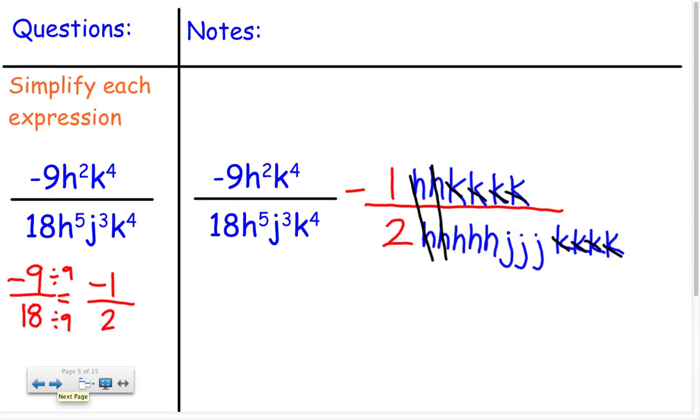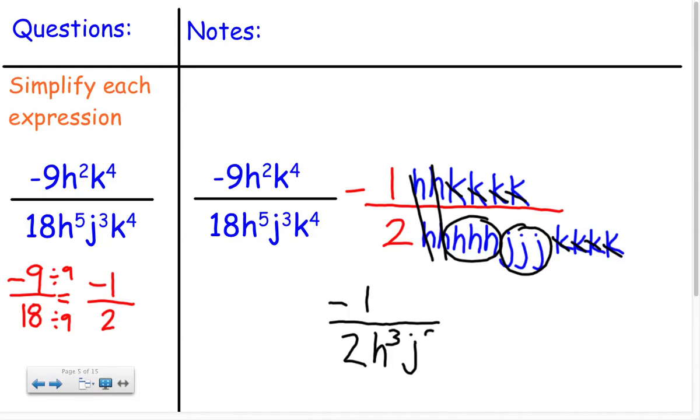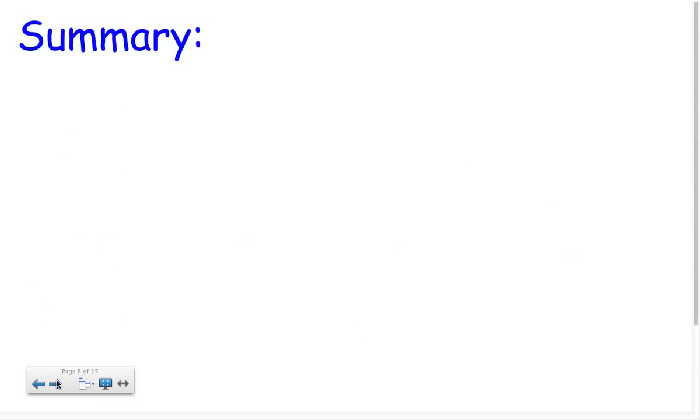So notice there weren't any j's on the top, so none of my j's were able to cancel. So I'm left with just the 1 on the top, the 2 on the bottom, no variables on the top, they were all crossed off, 3 h's on the bottom, and 3 j's on the bottom. So my answer is negative 1 over 2 h cubed j cubed.